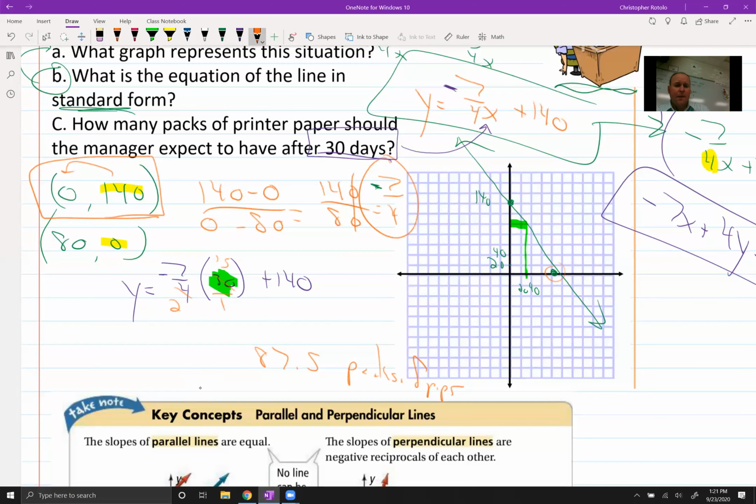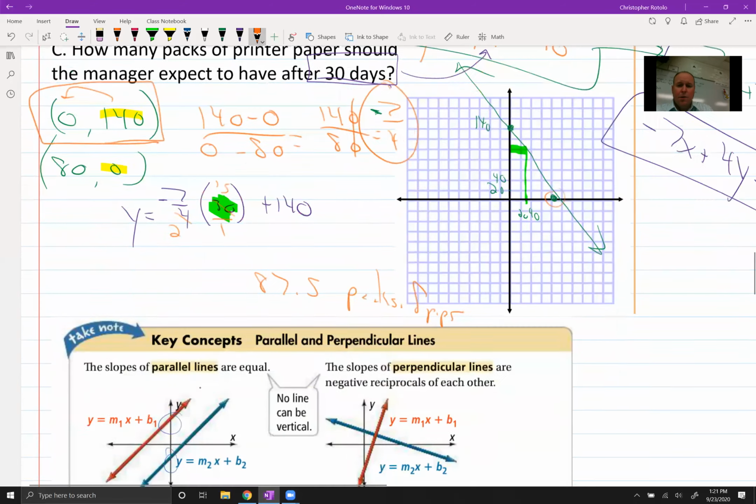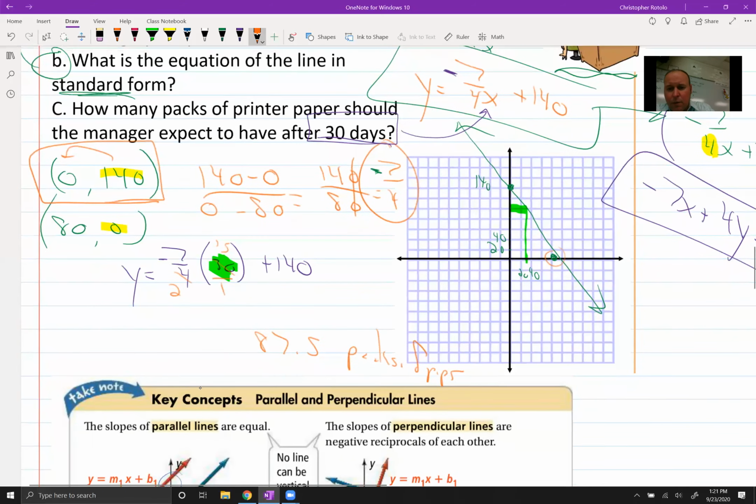All right. So plugging it in, 40, 60, 80. Okay, so we're under 100. Okay, so my graph is a little bit off, but you get the idea how we can check it out here to see about where we're going to be, and then we should get that 87.5 packs of paper.